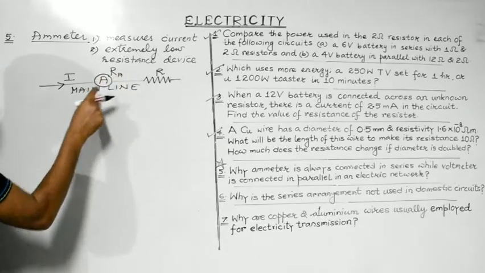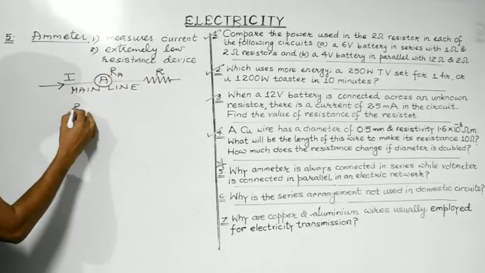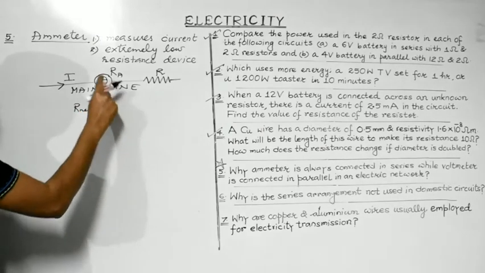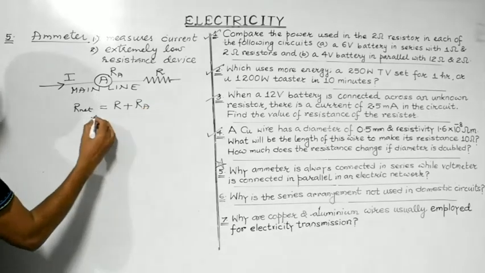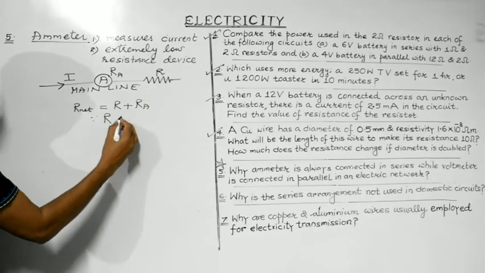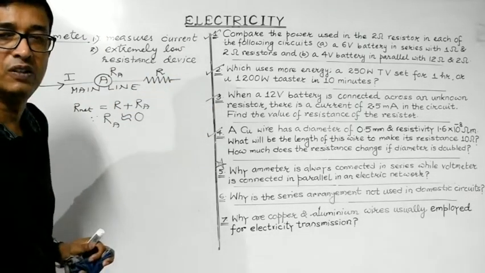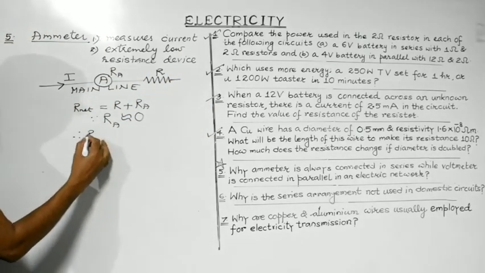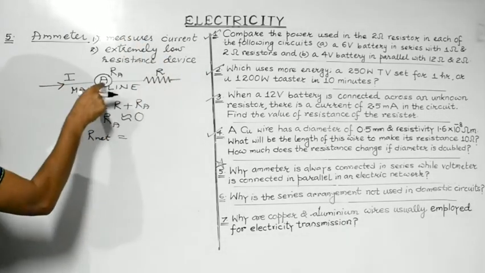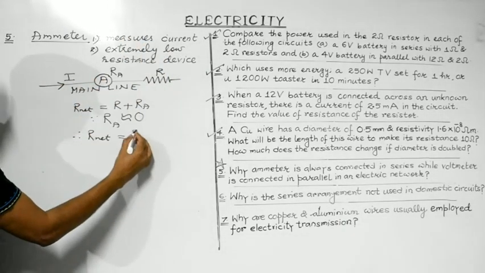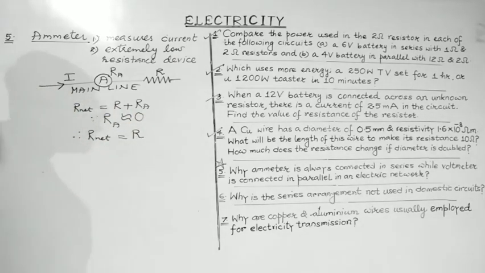So on the introduction of the ammeter, when it is connected in series, the net resistance of the circuit will become R plus RA. Since the resistance of the ammeter is extremely low, it is almost negligible. So the net resistance of this circuit, even on the introduction of this ammeter, remains the same. R plus RA, RA is negligible, so it will remain the same.